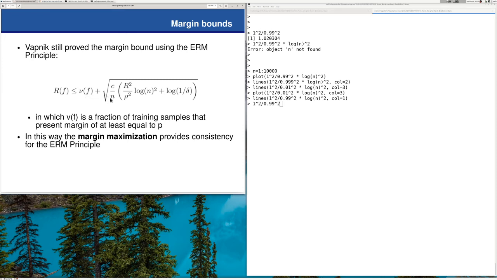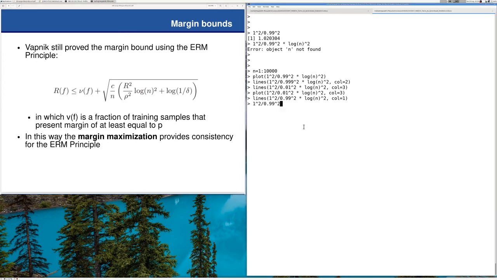Okay, and then let's suppose we plug all those elements here, we compute R, the ball enclosing the points, and rho for our instance, and we come up with this upper bound for our expected risk. And then we increase our sample, and see what's going to happen with the expected risk.